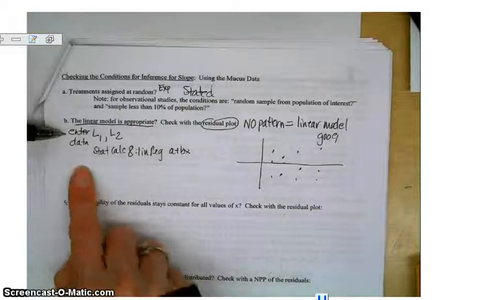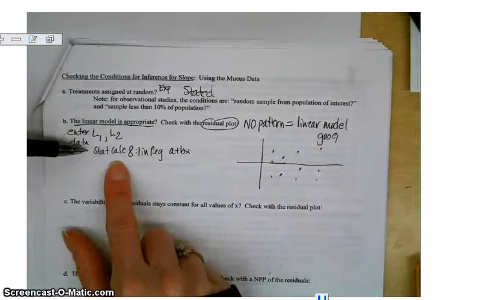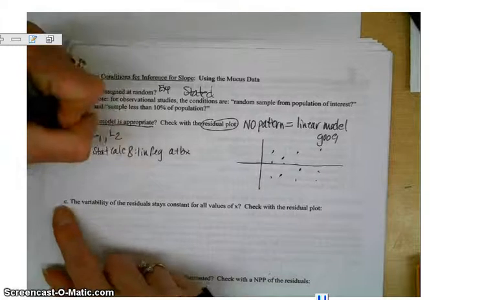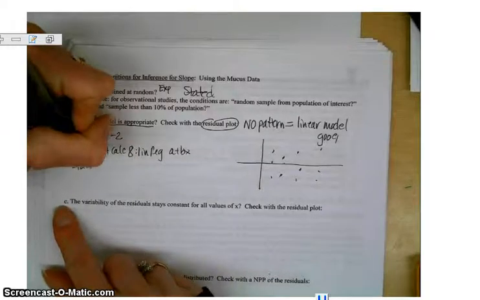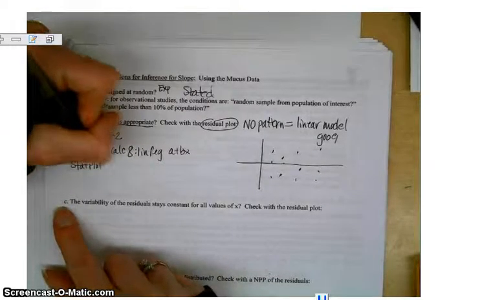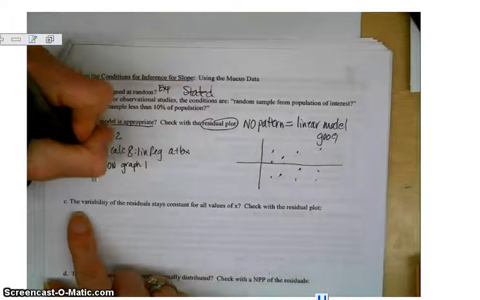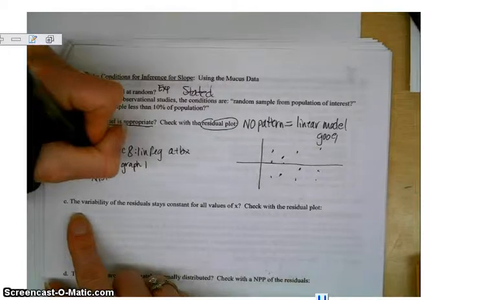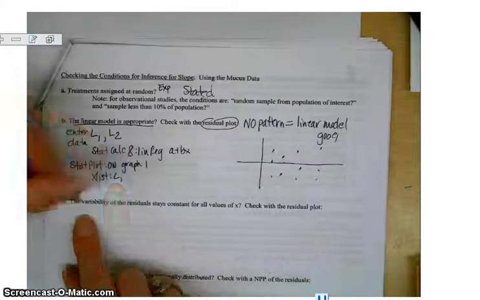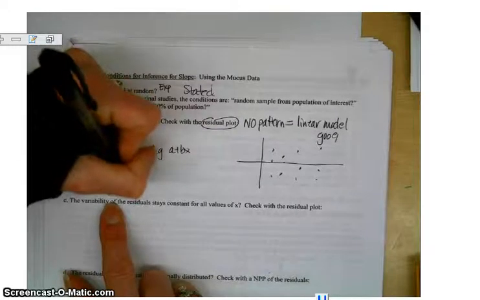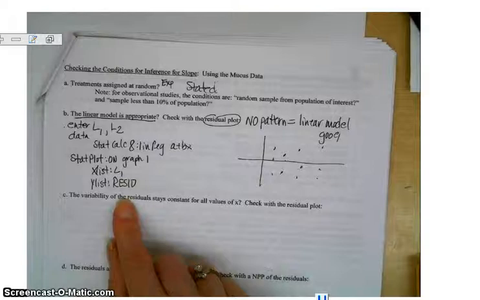Calculate the regression line, and then you can go to stat plot, and you want it on, and you want graph 1, which is a scatter plot. Your X list needs to be list 1, wherever your X's are, and your Y list you want to be the residuals. You want it to say resid there. That's how you graph your residual plot.